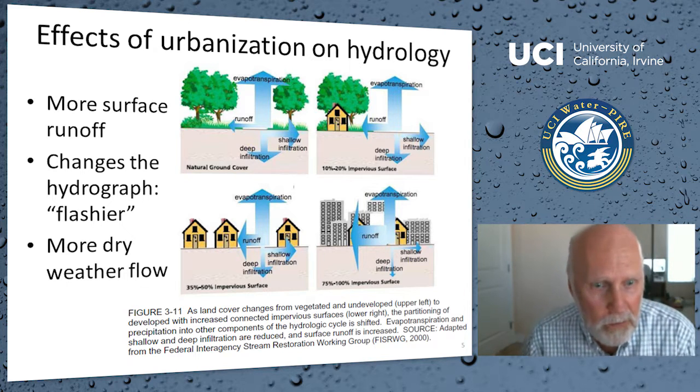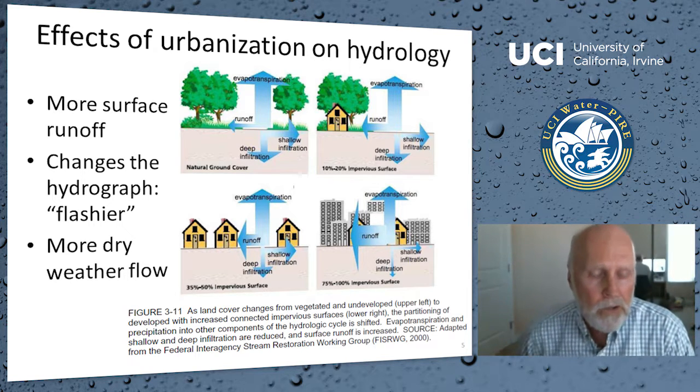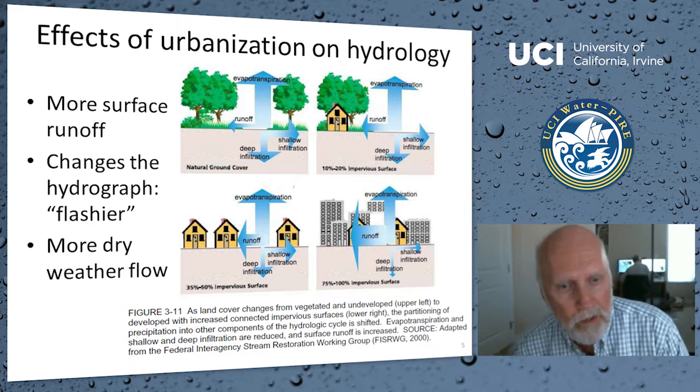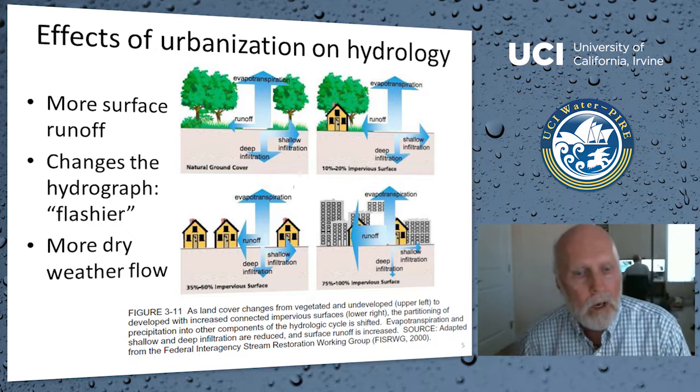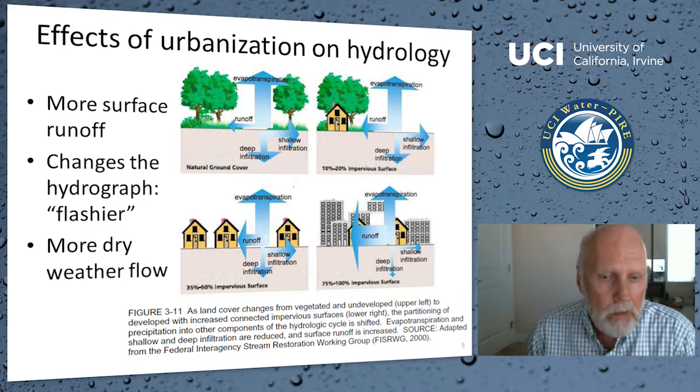Particularly in places like Southern California, where we naturally have a very long season without much rainfall, our streams are changed so that it's not so much that we have reduced base flow, but we actually have increased base flow during the dry weather.